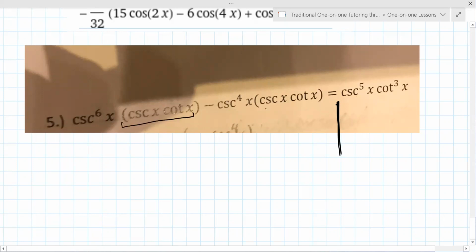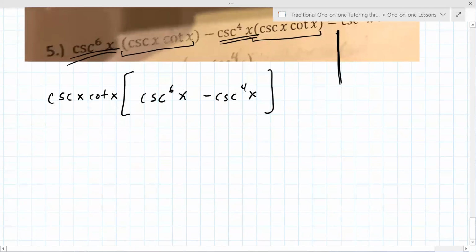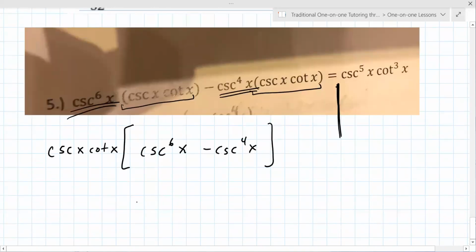Okay, so I see that these are the same, and like you said, there are matching numbers here. So at a minimum, let's just try this. I thought we did one kind of like this, maybe not as big in terms of the exponent. Then you can factor out a cosecant to the 4th x from both of these.